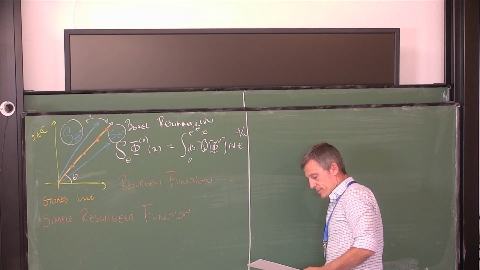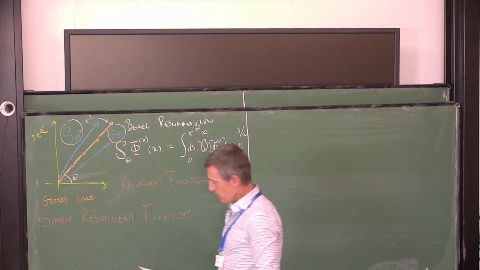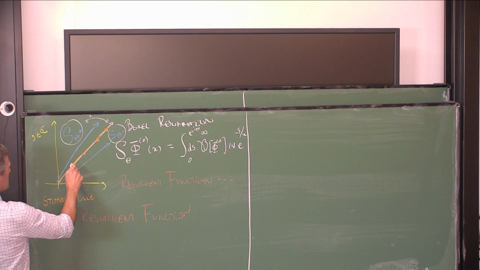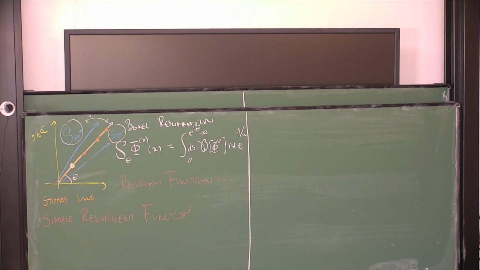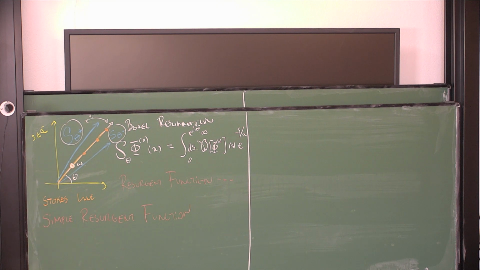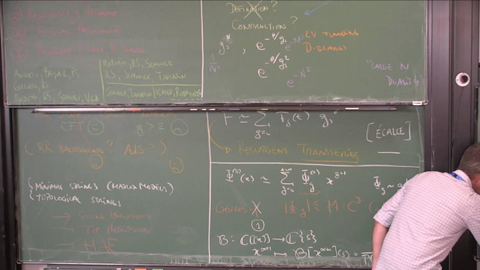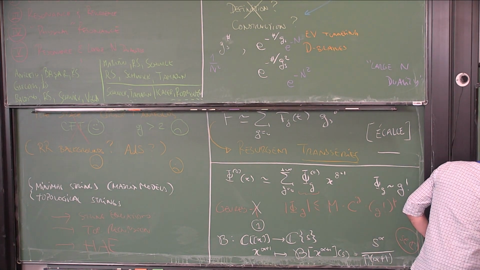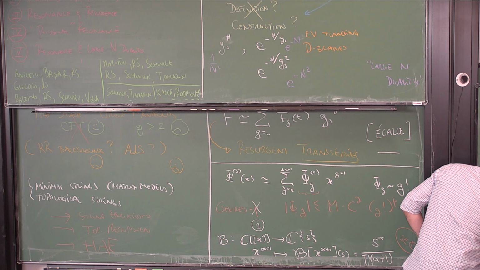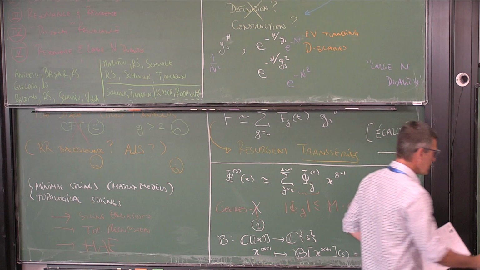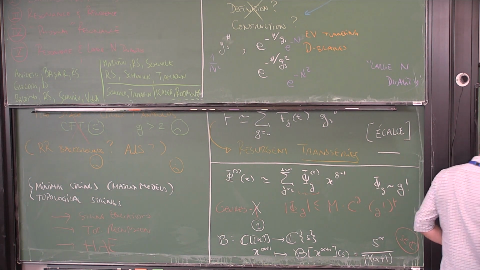And this one is nicer because at its singularities, let's pick a singularity, for example, that one, and let's call that singularity omega. Then for the simple resurgent function, the Borel transform close to the singularity omega, let me write it this way, is something that looks like that. Well, now there's many S's.